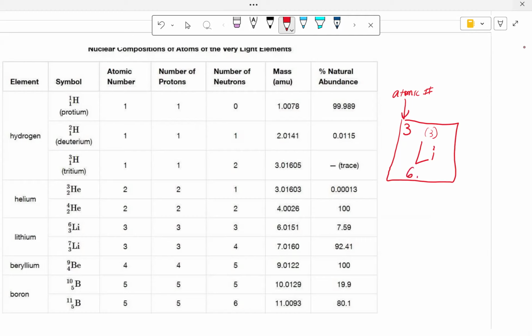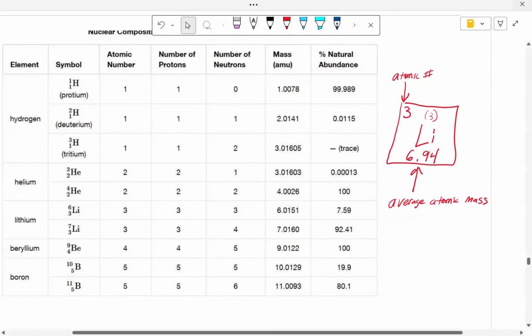So if you look up lithium, you might see something like this. I'll go a little more in depth on this in just a bit. But that number down there is known as the average atomic mass.